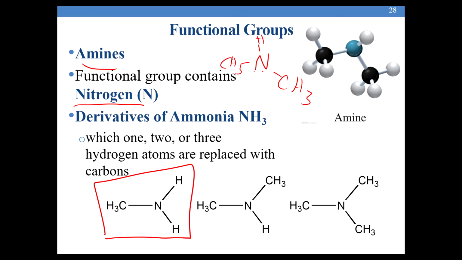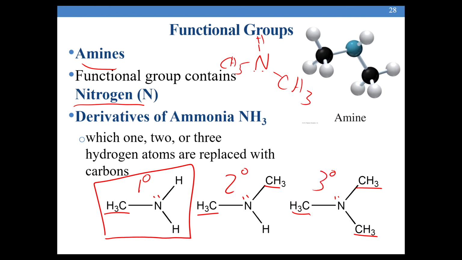One of the hydrogens of ammonia, the lone pair is not even shown on these structures at the bottom, became a CH3. Two of the hydrogens in the middle structure became CH3, and all three hydrogens are now CH3 groups. So you may hear these listed as primary amine, secondary amine, or tertiary amine, sometimes abbreviated 1 degree, 2 degree, 3 degree.